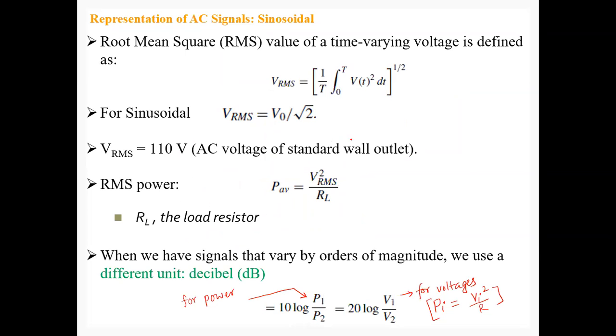First of all, we talk about the root mean square value of the time varying voltage, because the voltage varies from 0 to maximum.